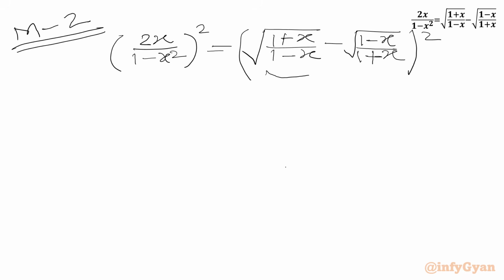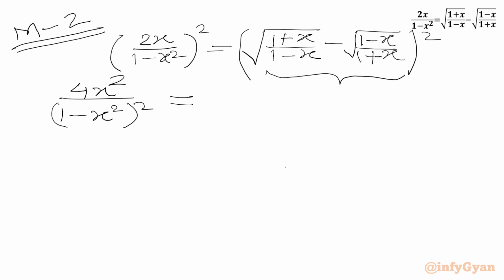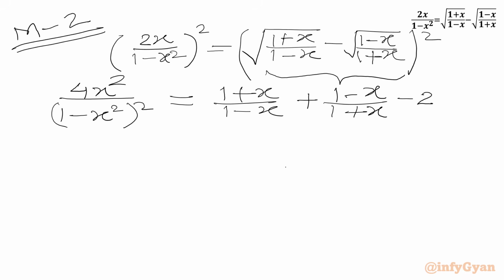Now we are going to use a minus b whole square formula in RHS, and in LHS we will write 2 square is 4, x square is x square over 1 minus x square, and then we'll put power 2 equal to, we'll write 1 plus x over 1 minus x plus square of square root 1 minus x over 1 plus x will be 1 minus x over 1 plus x. Then we'll write minus 2 times. If we'll multiply, we are going to get 1.